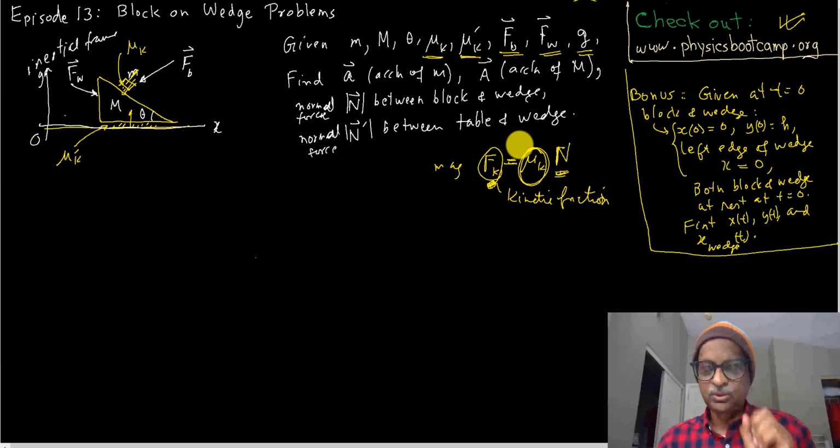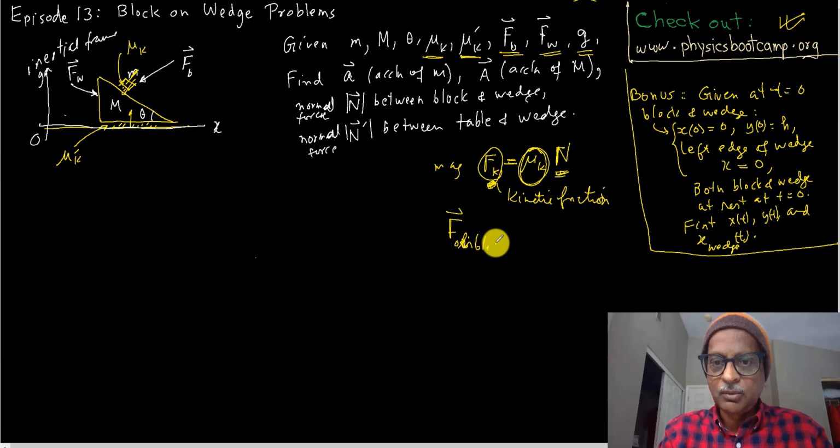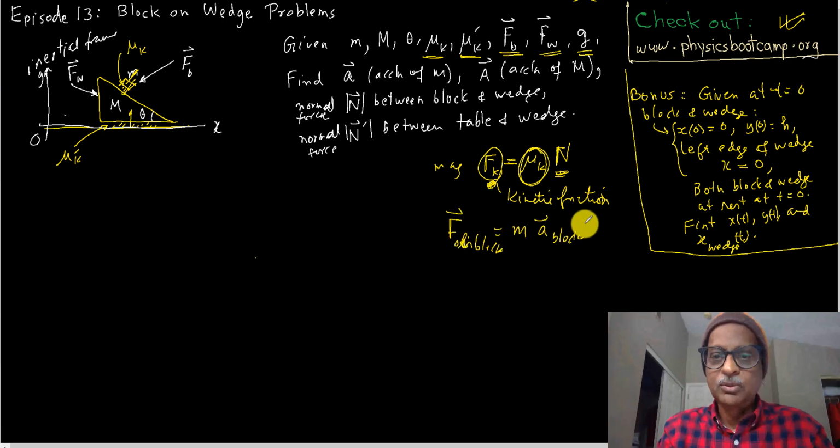You also learned from a previous video that to use the sum of forces on the block equals mass times acceleration of the block, you need to do this in an inertial frame.